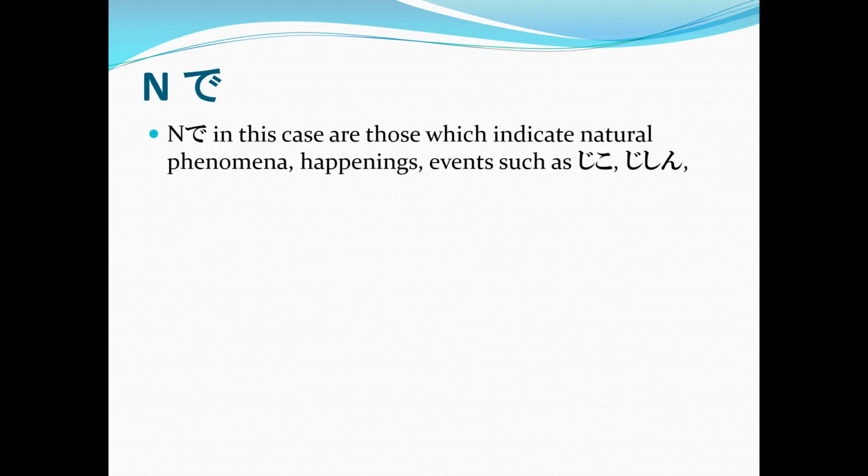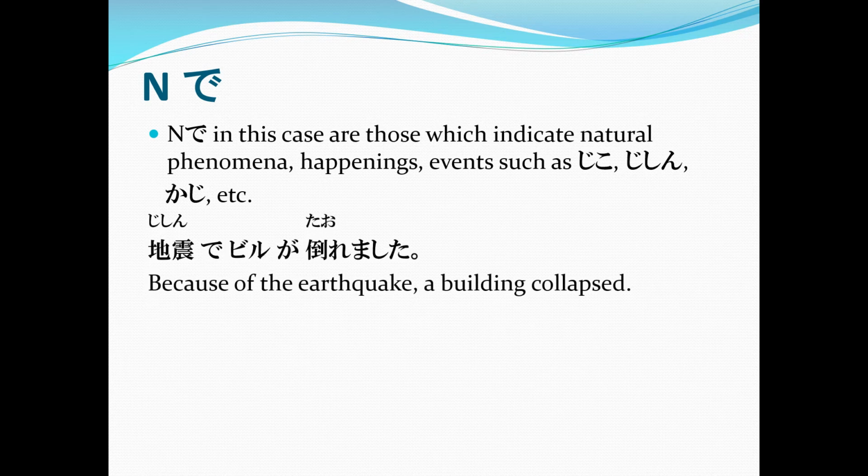Now, noun de is often used for natural phenomena and events such as 事故 accident, 地震 earthquake, and 火事 fire, and so on. Any natural phenomena. Example, 地震でビルが倒れました。Because of the earthquake, a building collapsed.